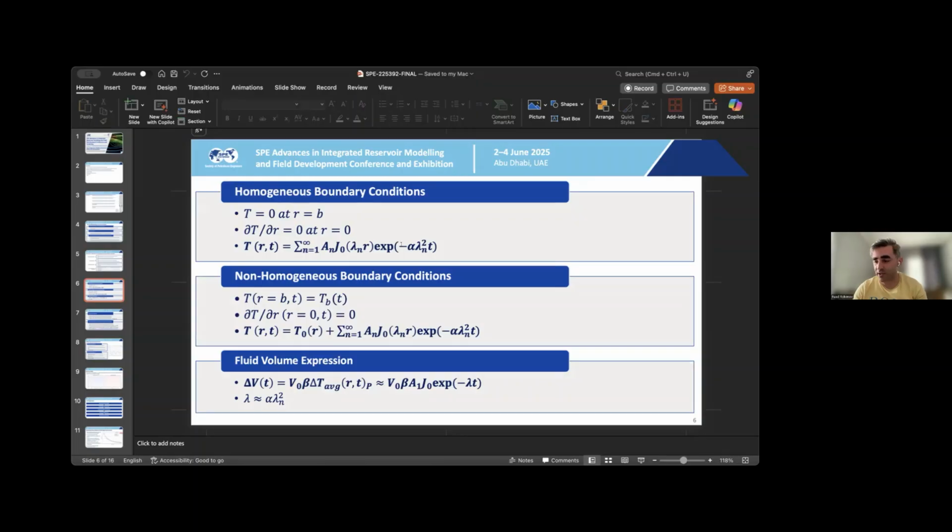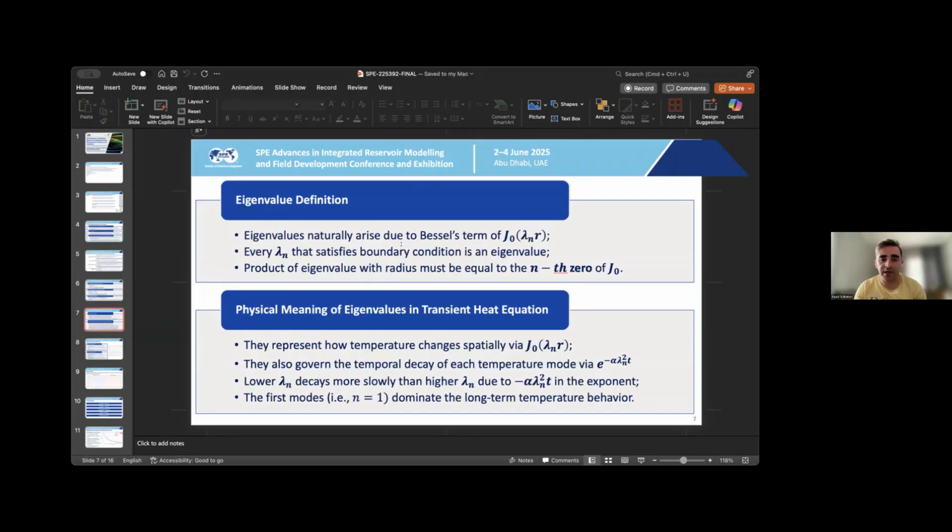Alpha is also positive because it's your coefficient of thermal expansion, and lambda is the eigenvalues. I'll come to this on a later slide, but the most important part of this slide is that we have to remember the temperature follows an exponential decay fashion. Okay. So what's an eigenvalue anyway? Eigenvalues naturally arise due to Bessel's term.